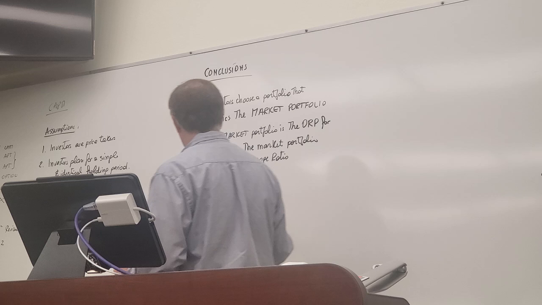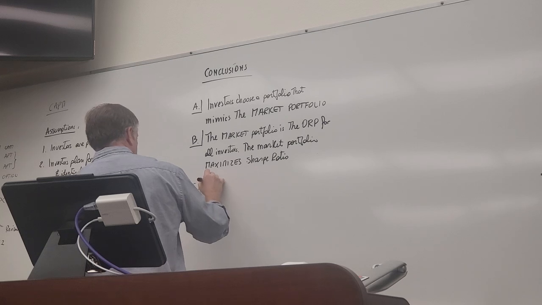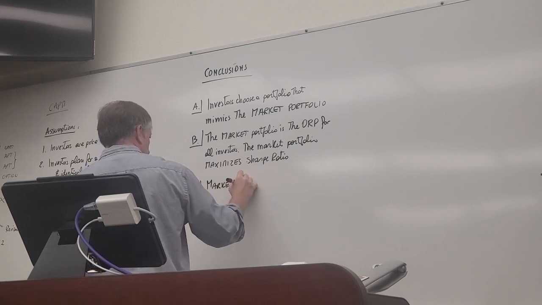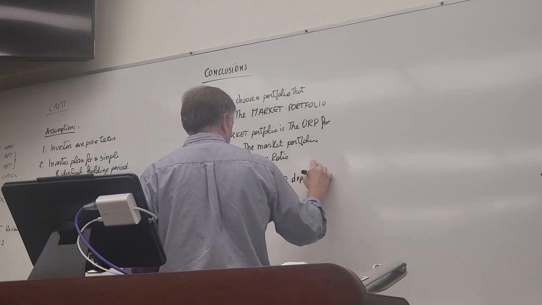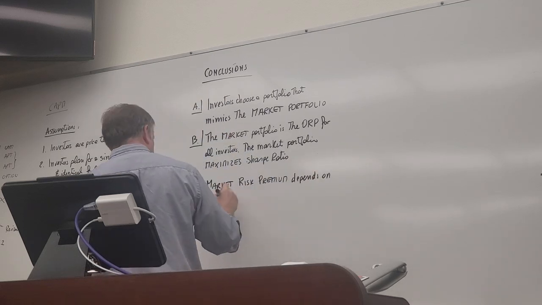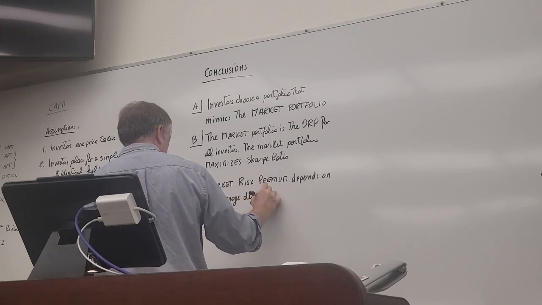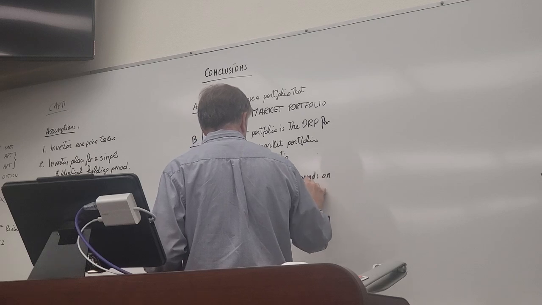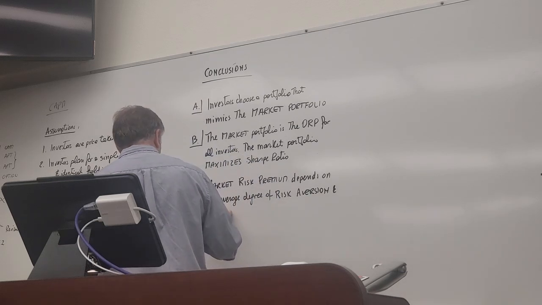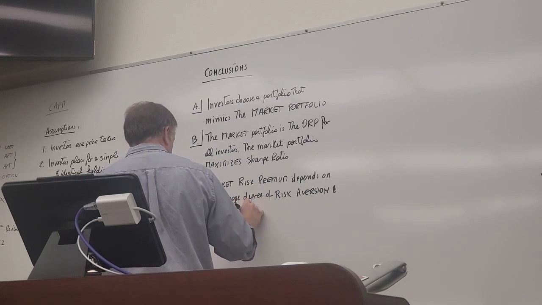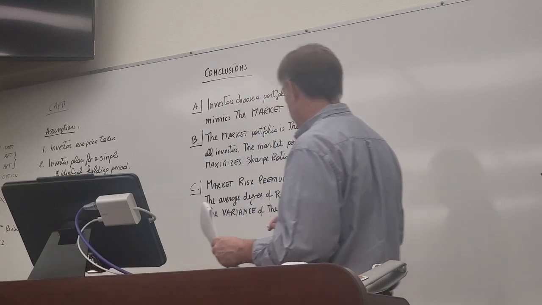And then C. The market risk premium depends on the average degree of risk aversion and the variance of the market.